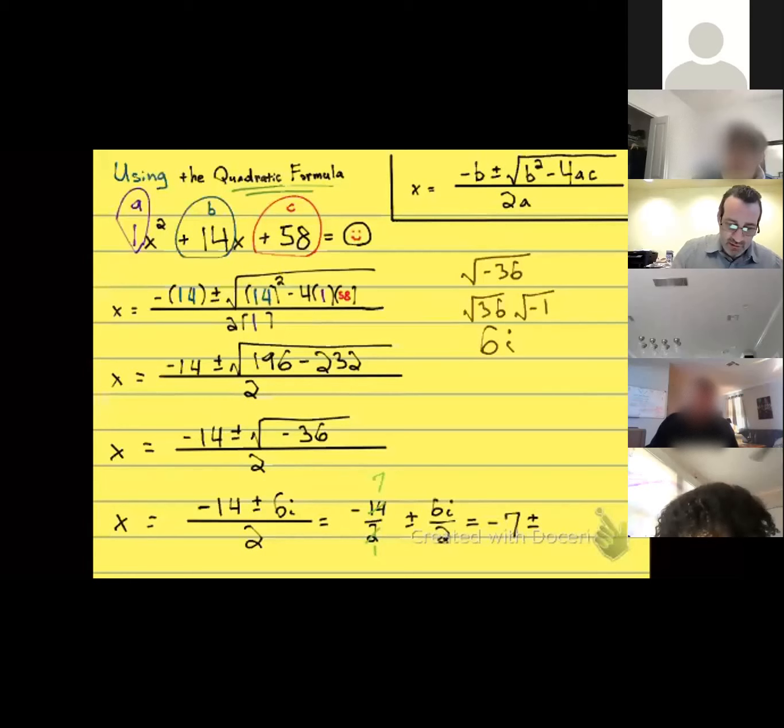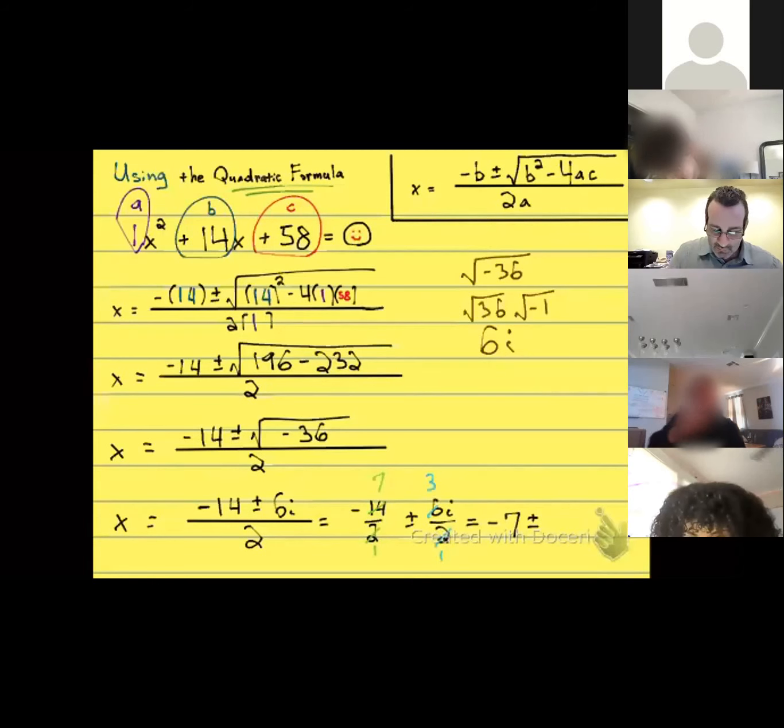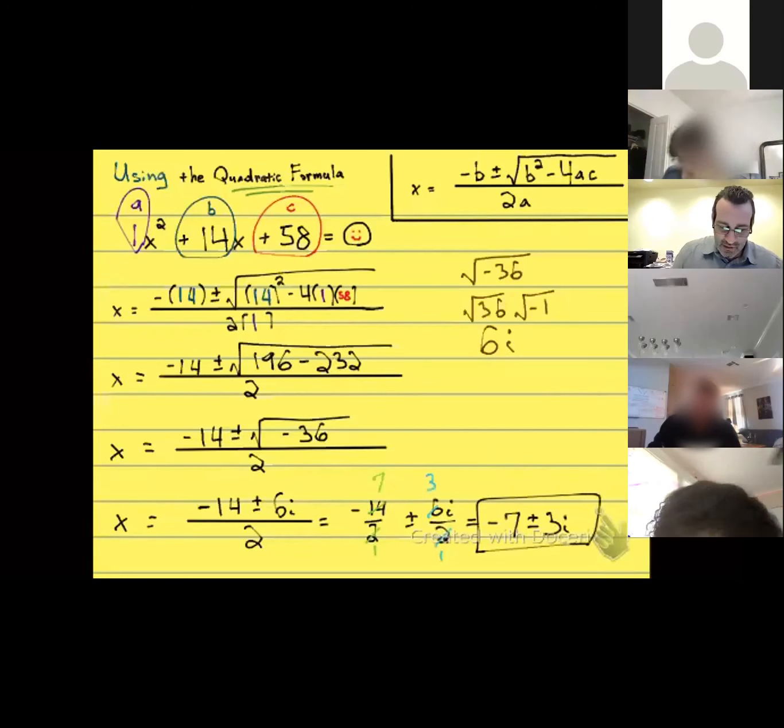Plus or minus, and then you can tell that the 6 and the 2 will reduce. 2 goes into here once, 2 goes into here 3 times. So plus or minus what? 3i. And that's it. All right, so you may see the answer like this.